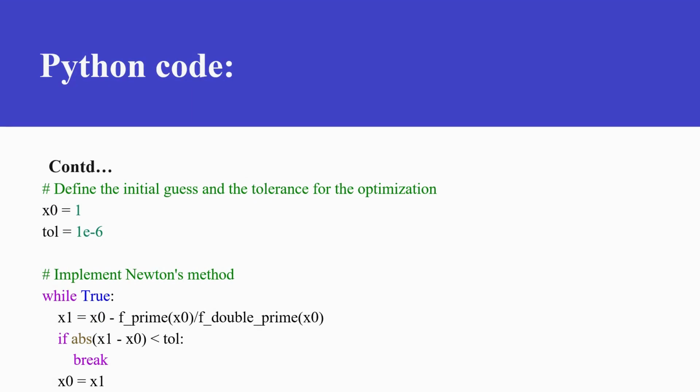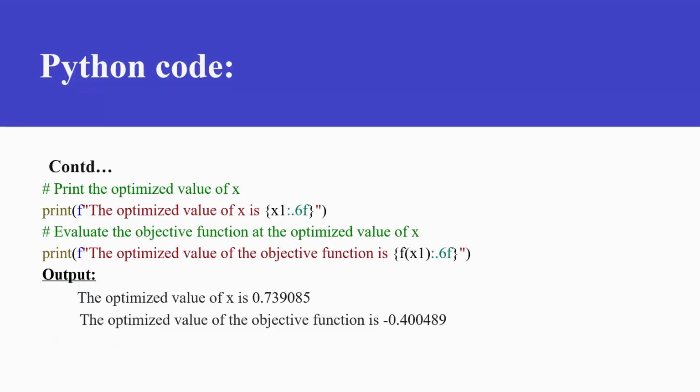This code is the same as the numerical analysis code, but here the formula is x1 = x0 − f'(x0)/f''(x0). This formula was shown in the previous slide, that means the mathematical interpretation of optimization in the multivariable case. So in the optimization analysis in the single variable case, the final value is x = 0.739085.